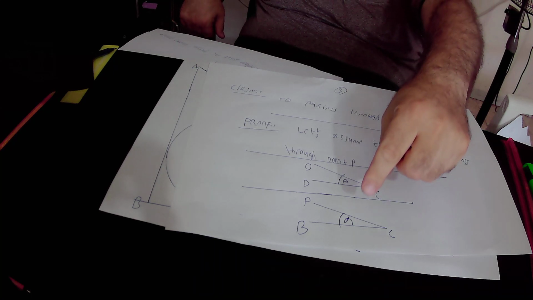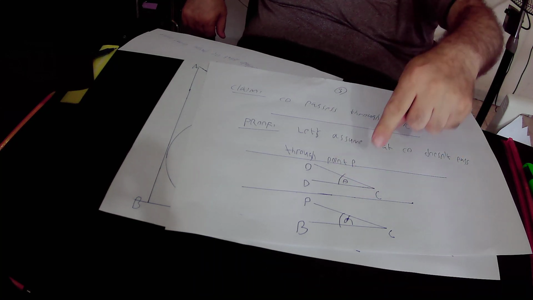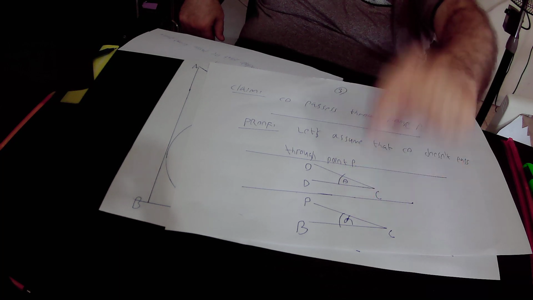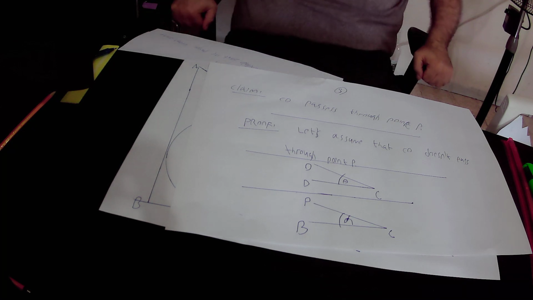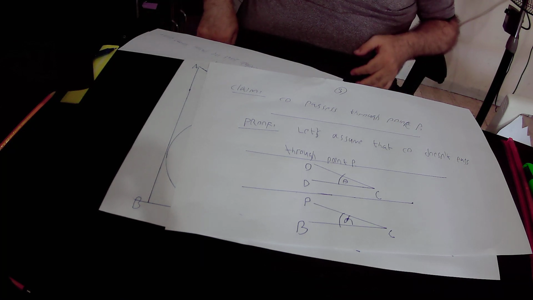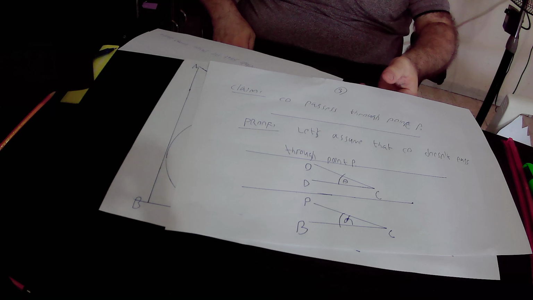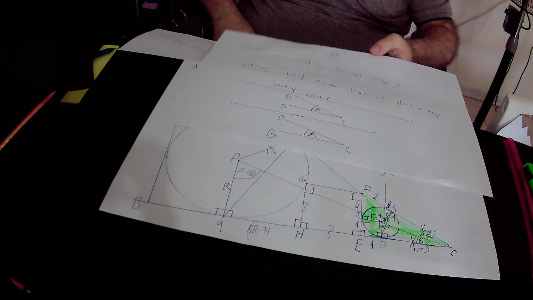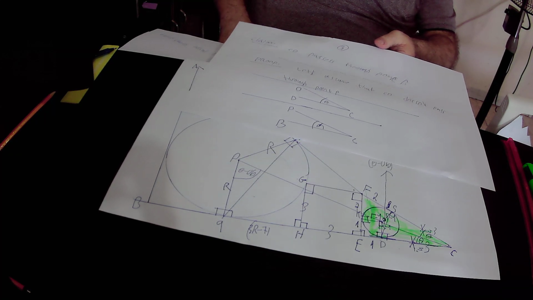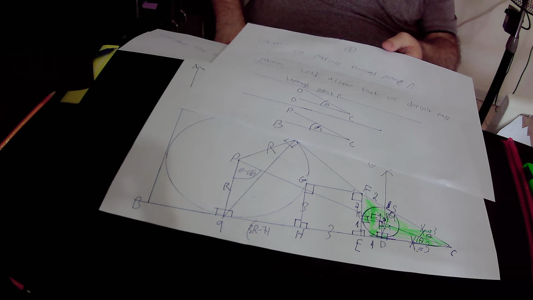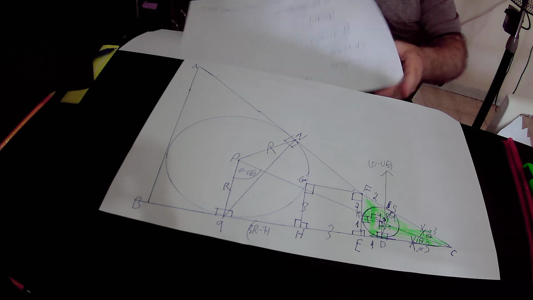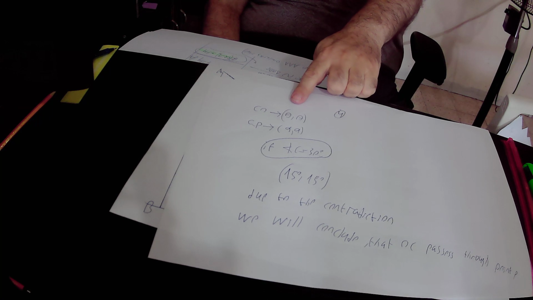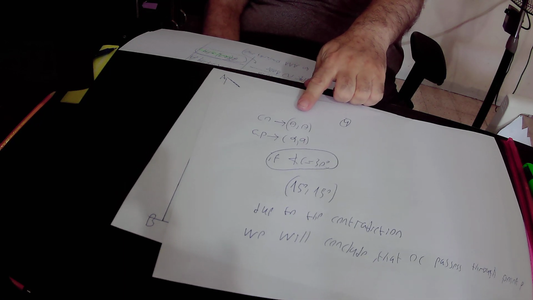Therefore, we created here two different angles. This is angle theta and this is angle alpha. Therefore, we have here actually two angle bisectors that bisect the same angle, angle C, into two different halves. The angle bisector CO bisects angle C into two halves, and each half equals theta.